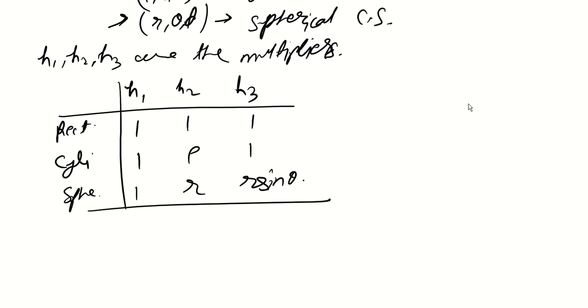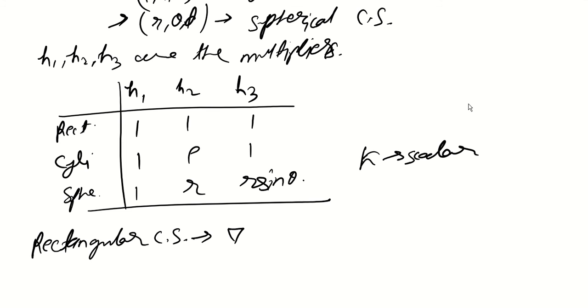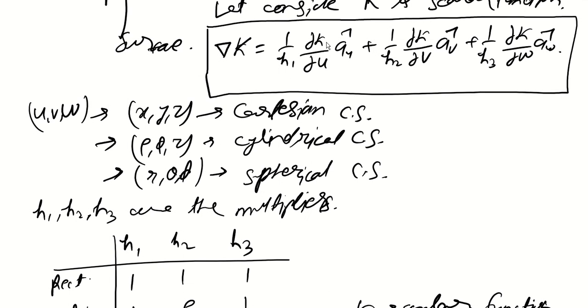So now you see, if I take a rectangular coordinate system or Cartesian coordinate system, then what will happen? My k will be a scalar function. So del k will become what? You see the formula: 1 by h1 dou k by dou u au plus 1 by h2 dou k by dou v av plus 1 by h3 dou k by dou w aw.